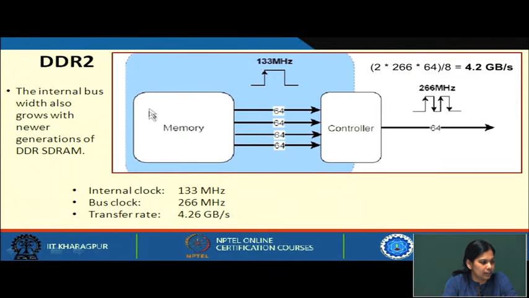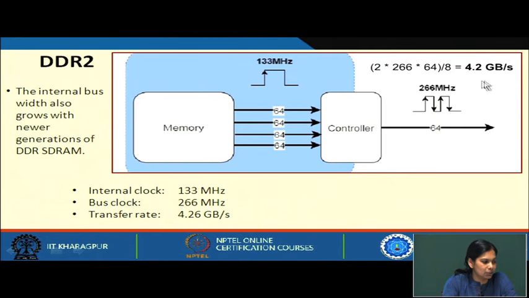This is the internal clock of the memory. It has got a controller, and in double data rate RAM, the bus clock must be twice this. So, it should be 266. The data transfer will take place both in the rising edge as well as in the falling edge.